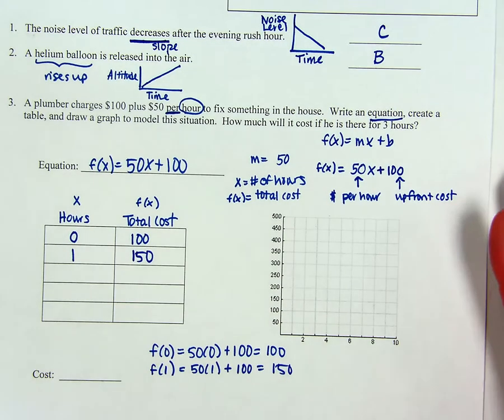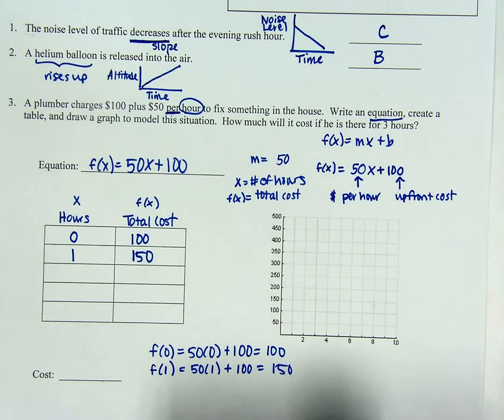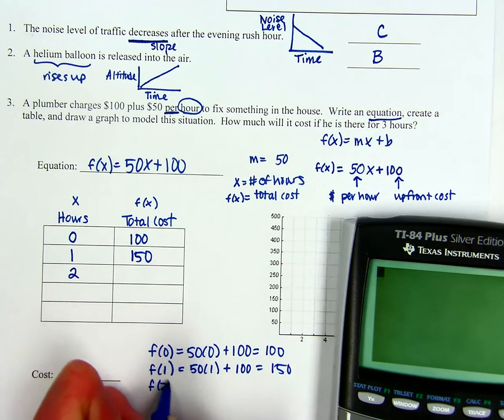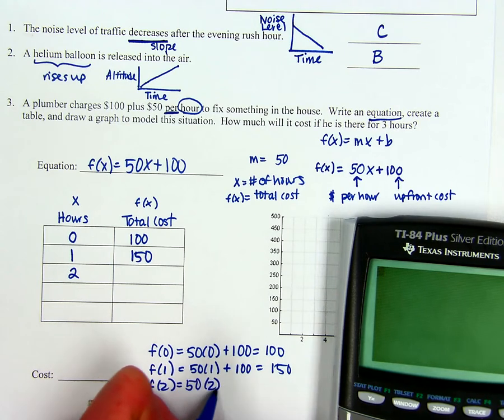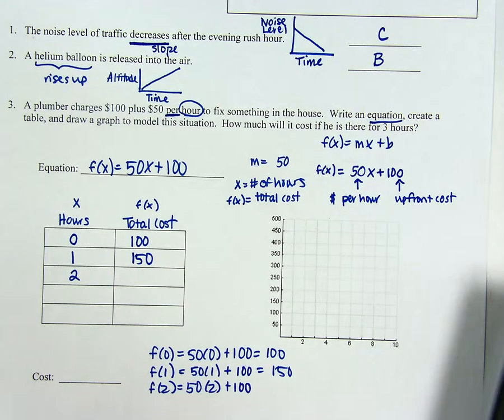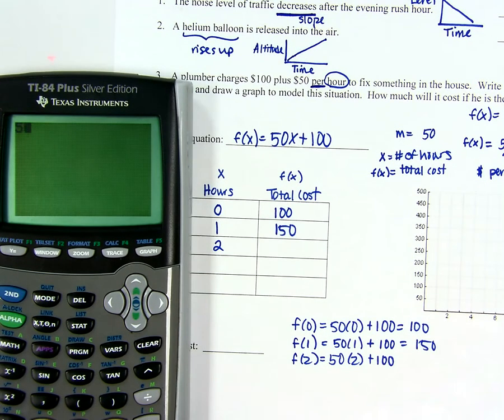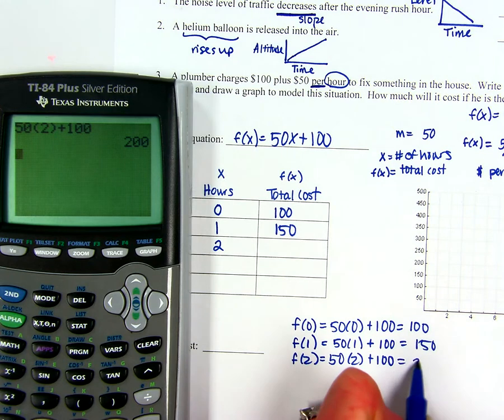All right, so we can keep going. We could also use our calculators for this. So you could do this a couple different ways. Either to do 2 hours, I'm substituting in 2 for my x. So what I could do is I could just say 50 times 2 plus 100. That gives me 200.